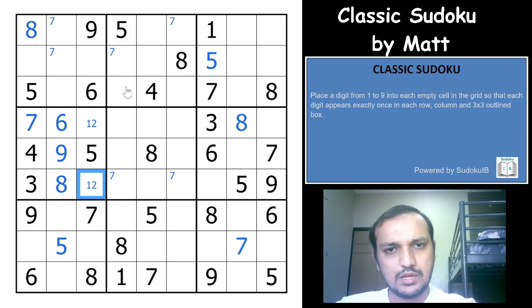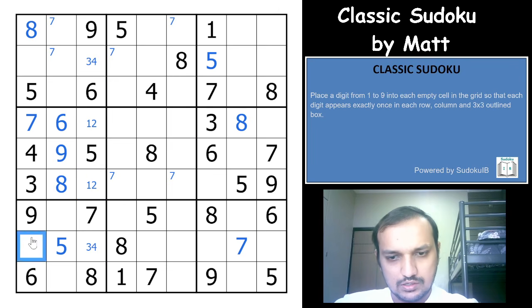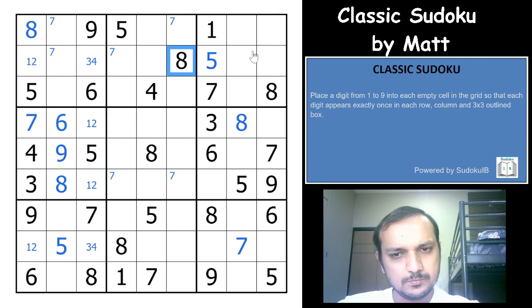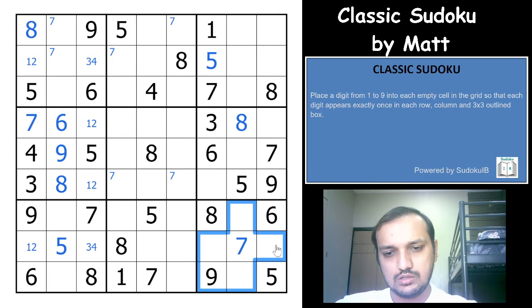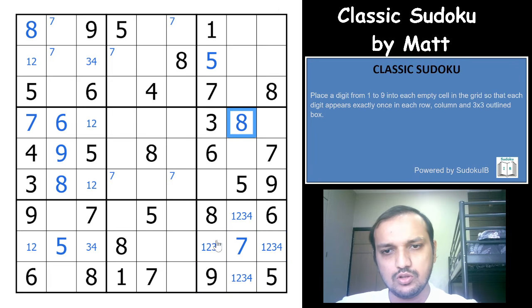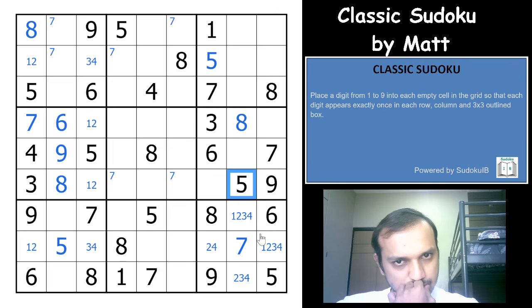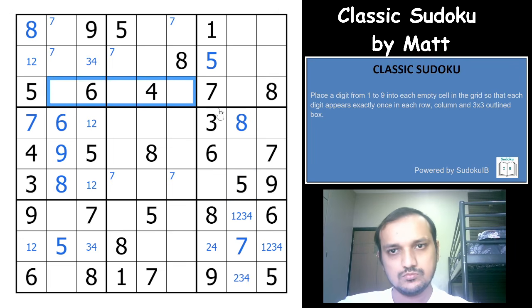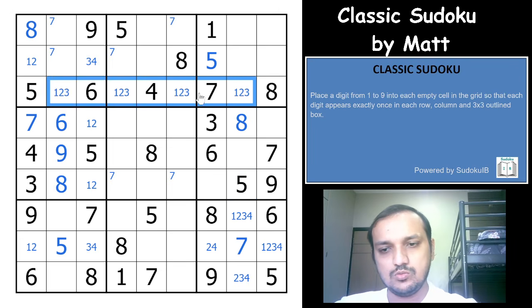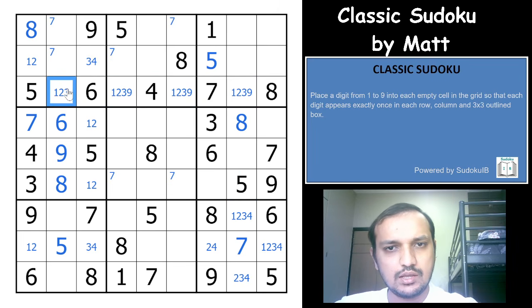So this is a 1 2 pair. That gives you a 3 4 pair here. Nice, amazing. There is again a 1 2 pair here. Here you get a 1, 2, 3 and a 4. 1 3 is not here. 1 is not here. Okay. 1, 2, 3, and 9. This is not a 9.